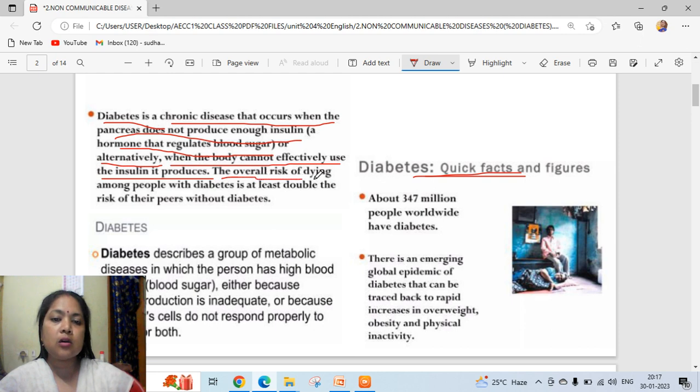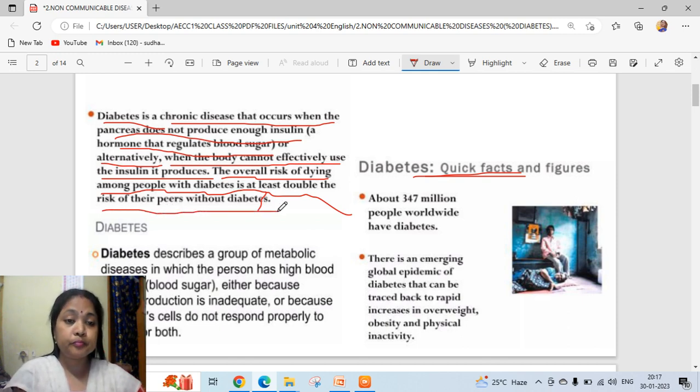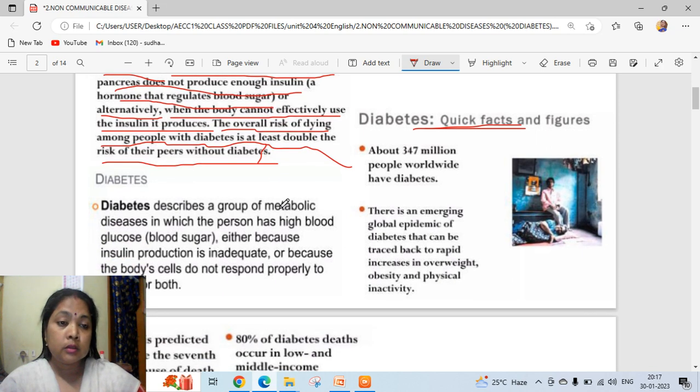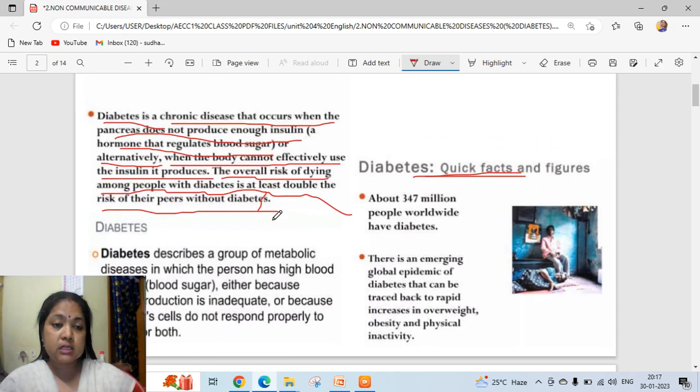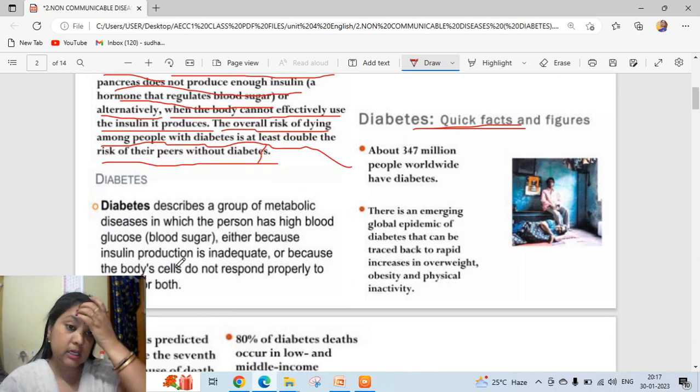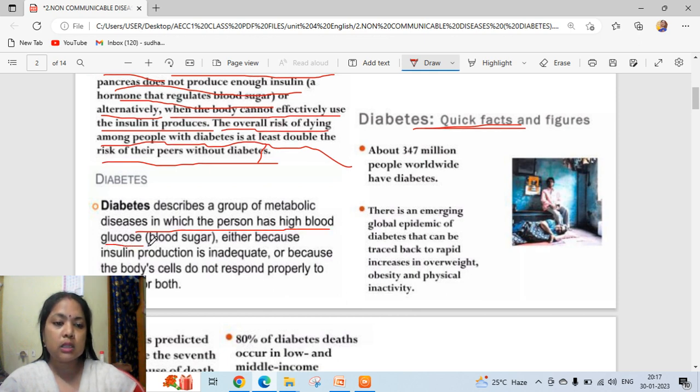The overall risk of dying among people with diabetes is at least double the risk of their peers without diabetes. Diabetes describes a group of metabolic diseases in which the person has high blood glucose, that is blood sugar, either because insulin production is inadequate or because the body's cells do not respond properly to insulin, or both.